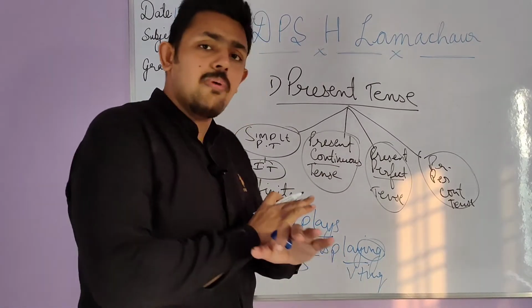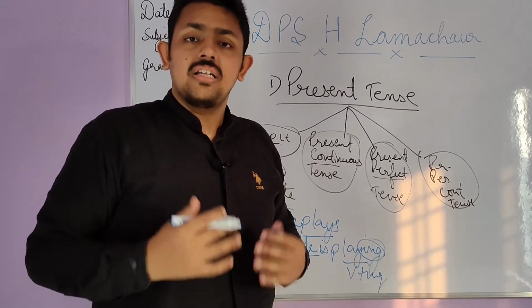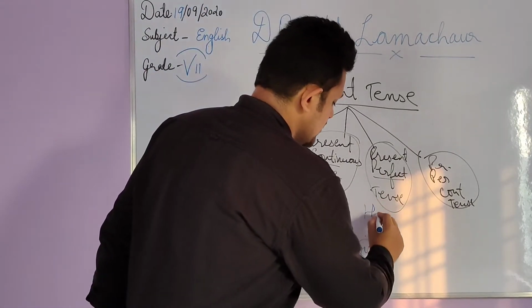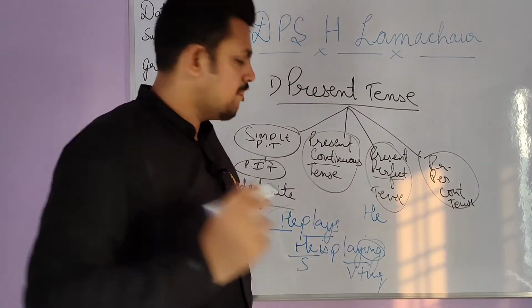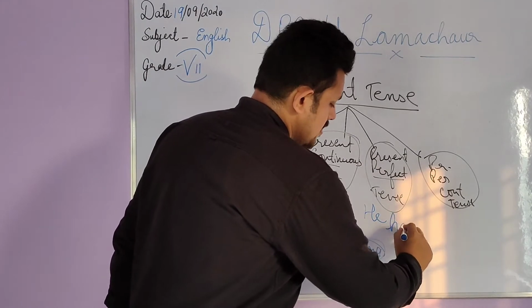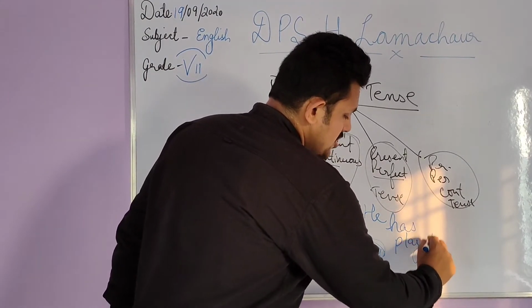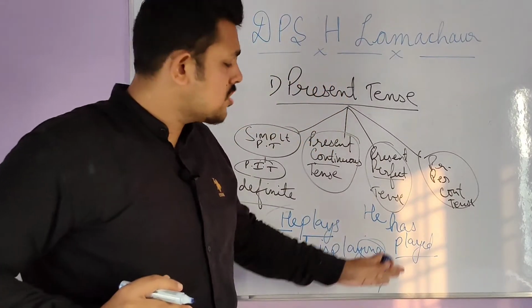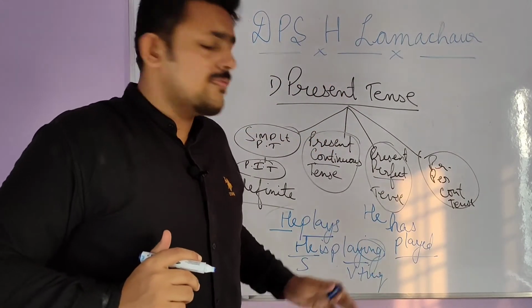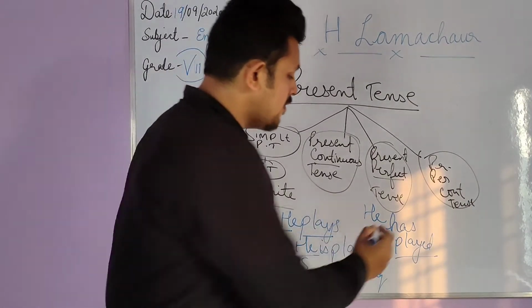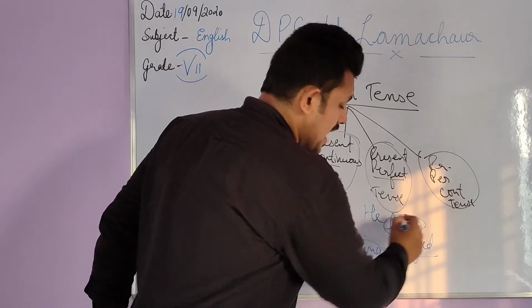The verb is in perfect form. Firstly the subject will come: he has played. So you will see that we have used the past form of the verb. He has played. But here we have the helping verb has.